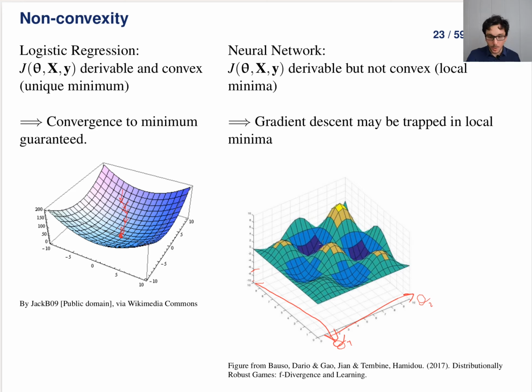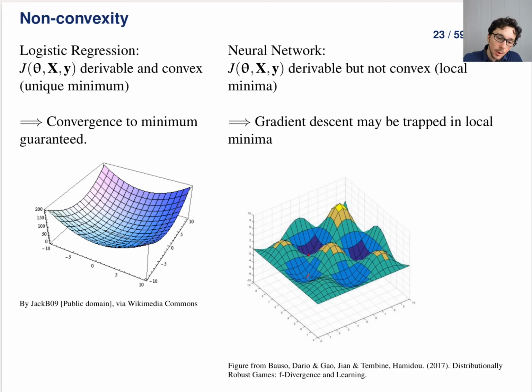Of course, in a neural network we have not just 2 parameters, we have thousands of parameters, but this is just a visual representation.